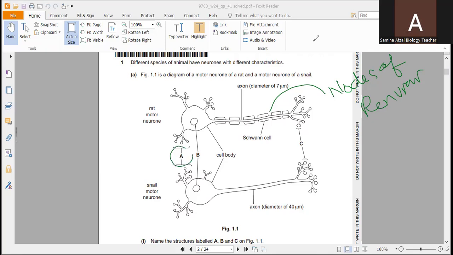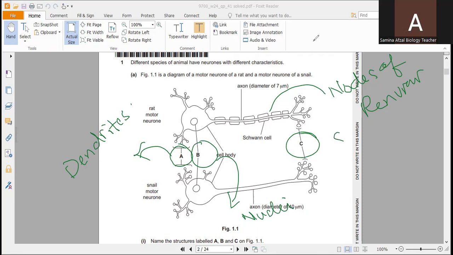So first of all, you can see the dendrite. Dendrites are there in both of these. B, you can see, is the center of the cell body, the nucleus, and C is the synaptic node or axon terminals.